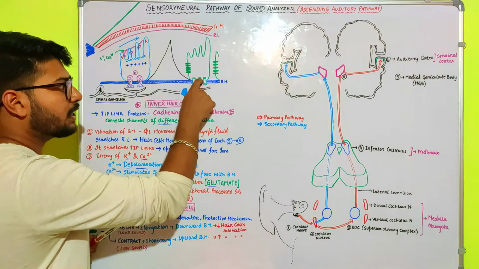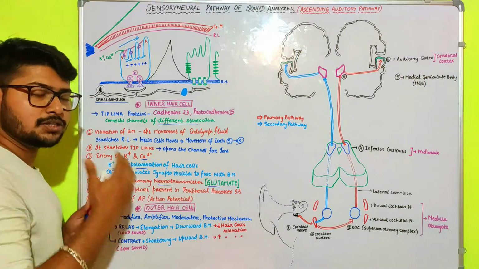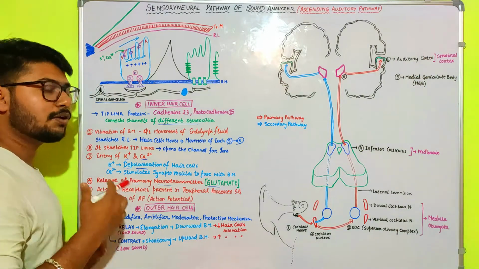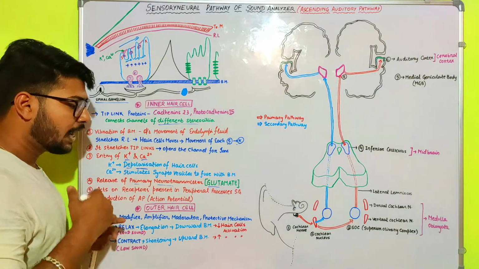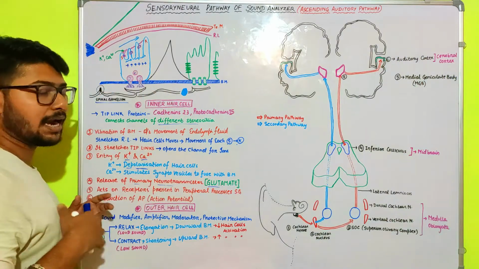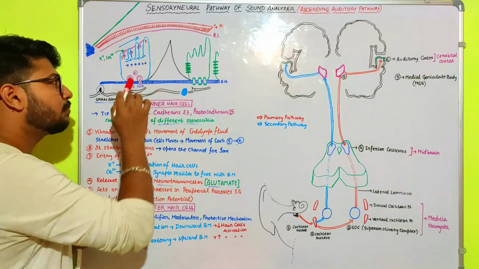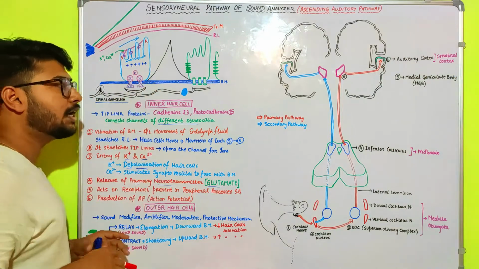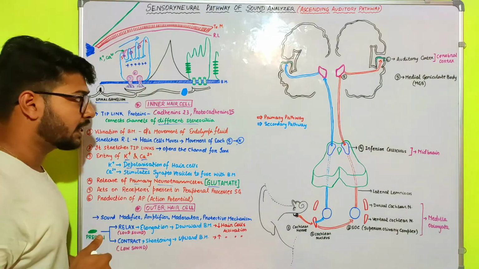When the basilar membrane moves up, it is going to stimulate more movement of the basilar membrane, and that means more hair cell activation takes place. The inner hair cell will be activating more and more, leading to more action potential generation.